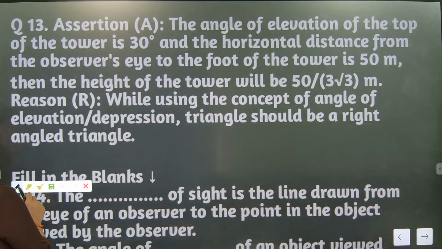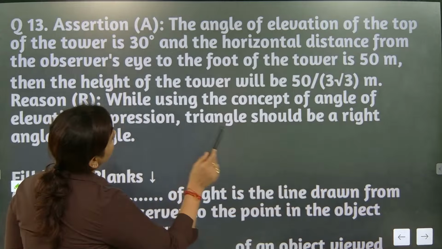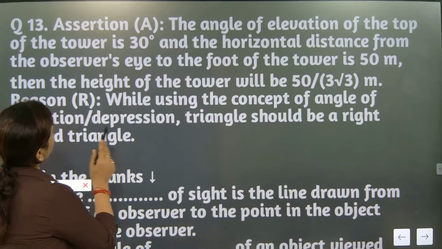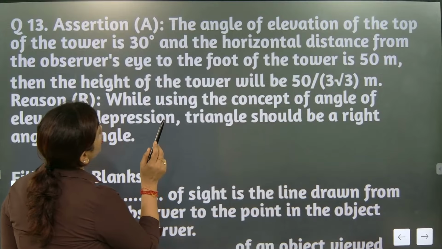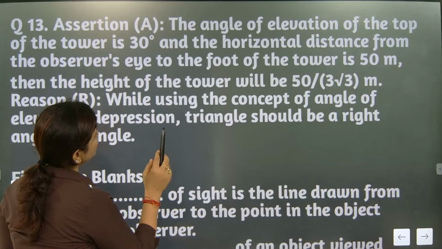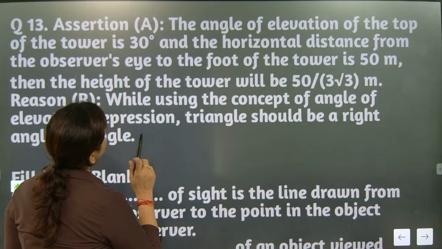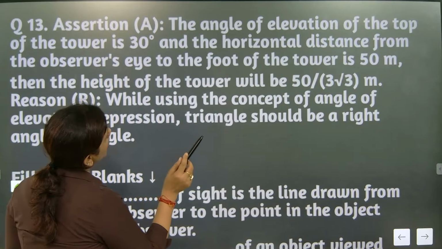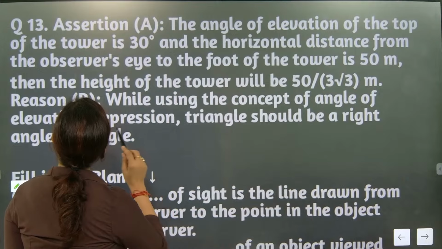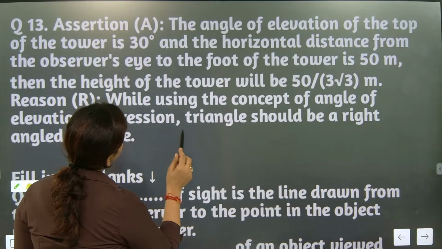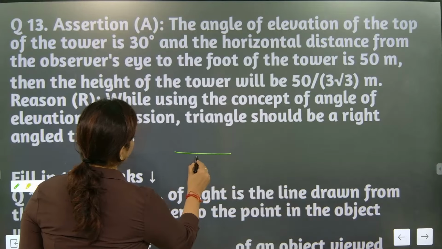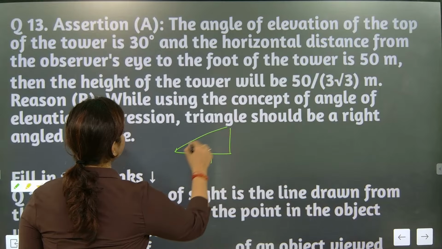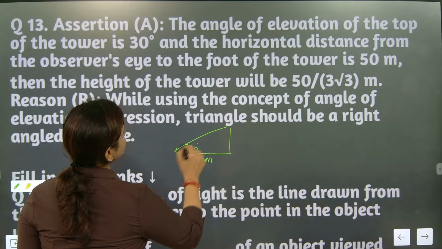What is exactly coming here is: the angle of elevation of the top of a tower is 30 degrees, and the horizontal distance from the observer's eye to the foot of the tower is 50 meters.